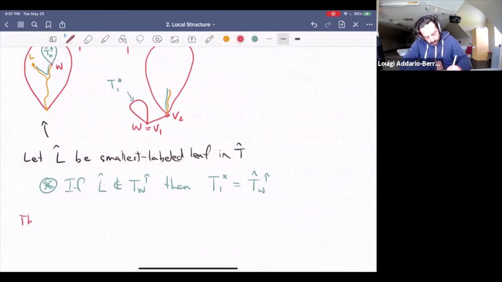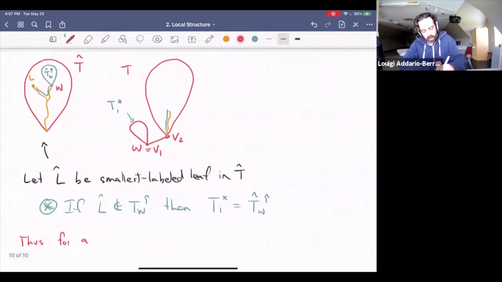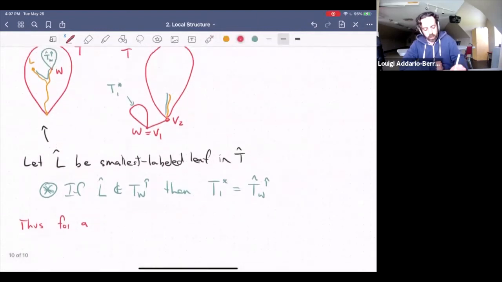What that tells us is that if we want to compute the probability that this subtree T1 star has a fixed value, we can do that basically by computing the probability that this subtree has a fixed value, with an error term related to the probability that we got unlucky and L fell in this tree. Let me show you how that computation works.